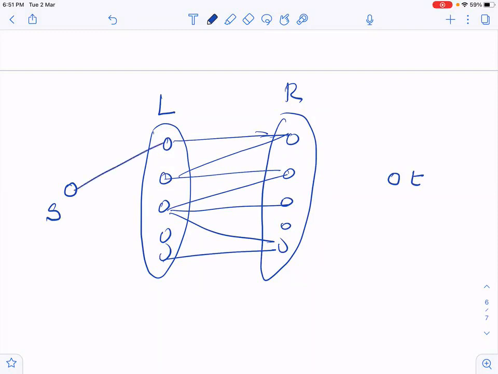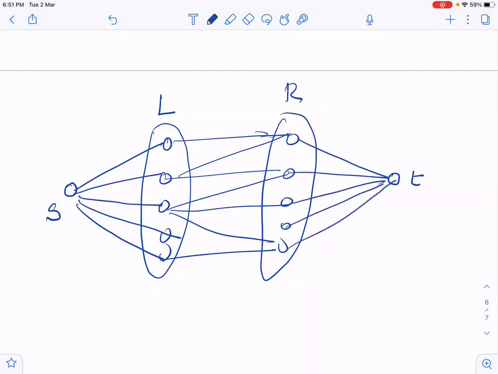I will draw an edge from S to all these L vertices, and an edge from all these R vertices to T. And I will add some capacities. I have to decide the directions. The directions will always be from left to right. I am directing all the edges from left to right.